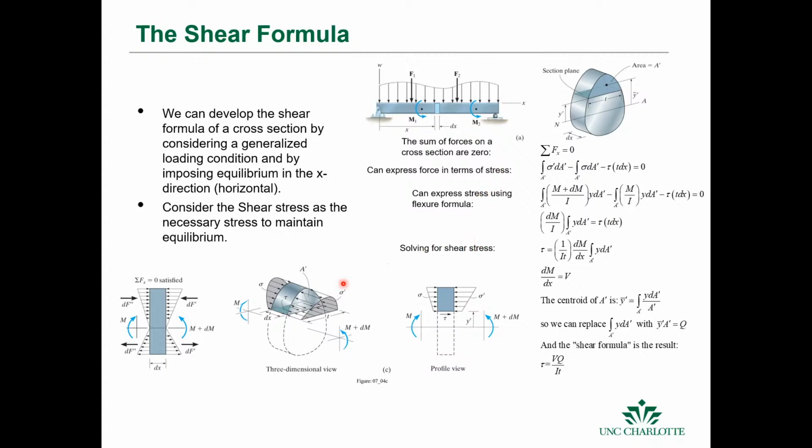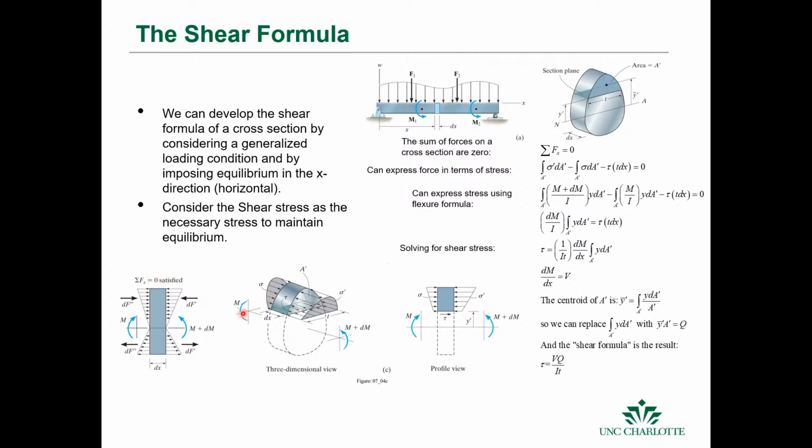And what we can do is take this little slice of this beam, and we can say, well, we have to have static equilibrium. In order for us to have static equilibrium, the sum of the forces has to be 0.